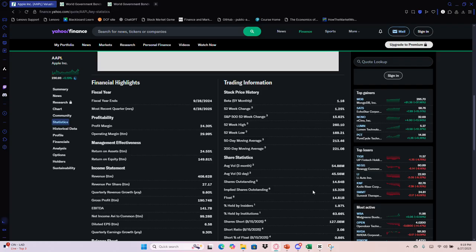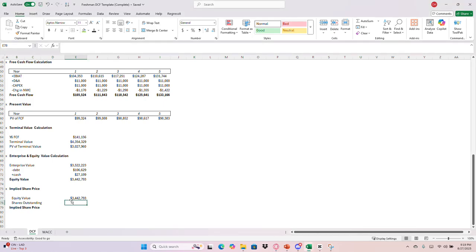We want to include everything that is going to be dilutive to the stock price. So we're going to use this number. It's going to be 15.32 billion. So we're just going to make that 15,320,000, and then divide this, and we come out with a share price of 224.73.